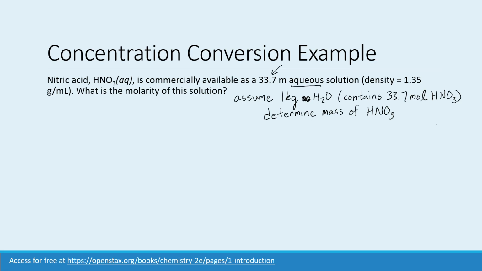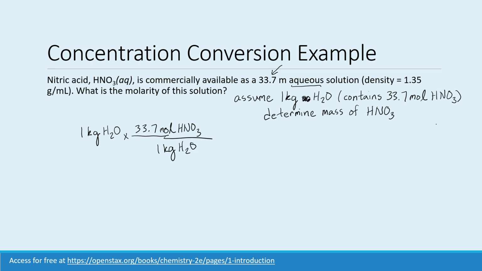Okay, so if I start out with that 1 kilogram of water, and use my molal concentration, of course I'll get that 1 kilogram to cancel out, and you don't necessarily have to do this step. You could just start out with the 33.7 moles of your solute. And that is out of 1 kilogram of H2O, right?